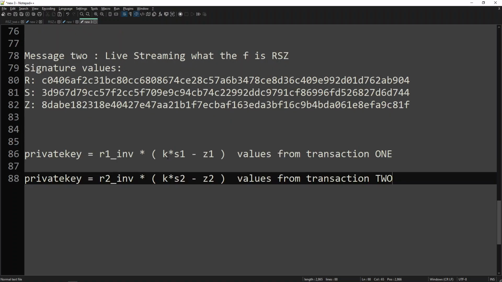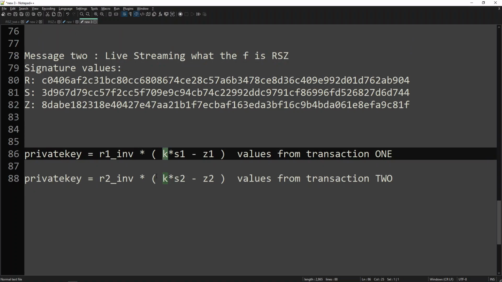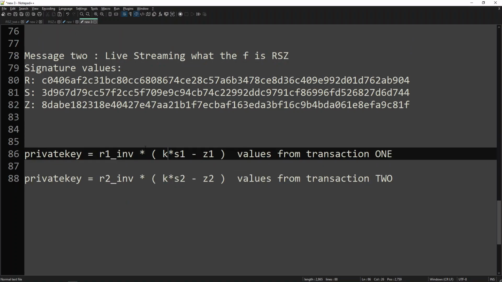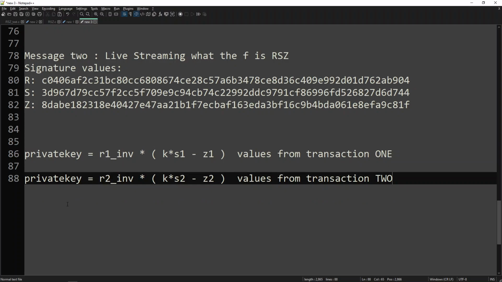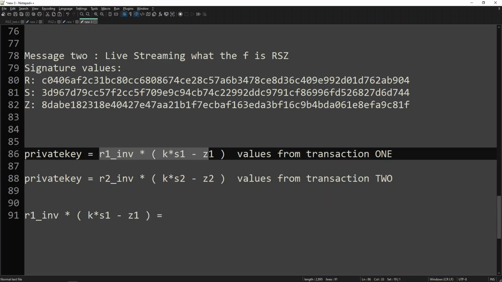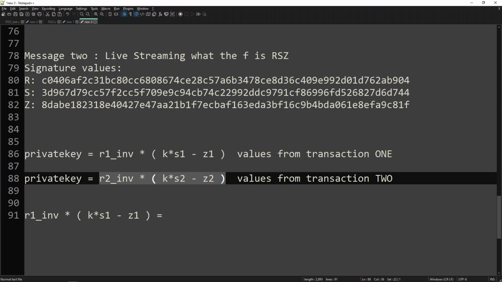So if we use the same key value for this equation, we also have the same private key. So you can copy this equation, and this equation produces the same private key, and this equation also produces the same private key.